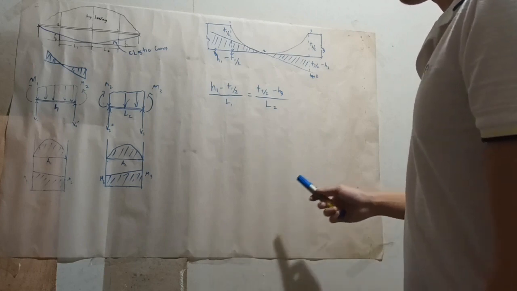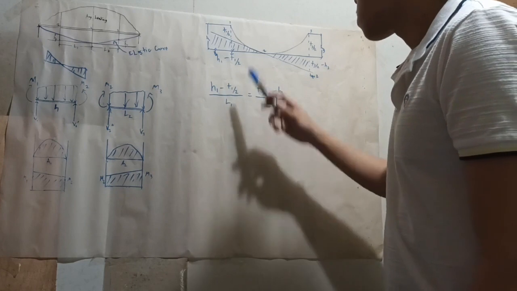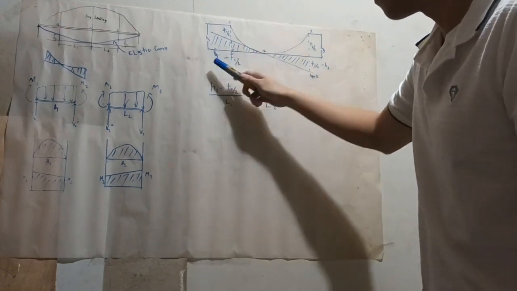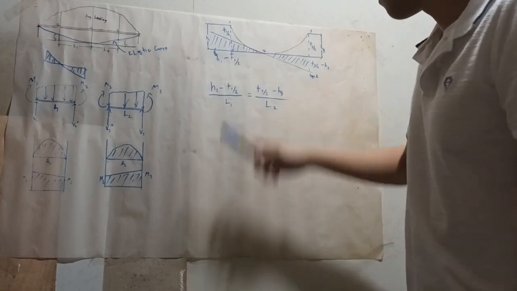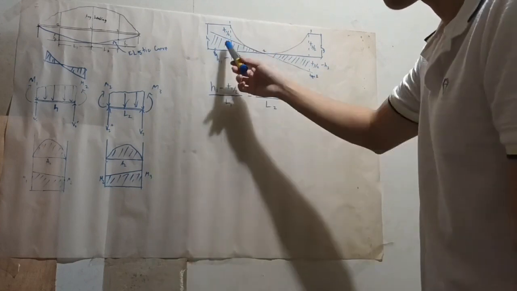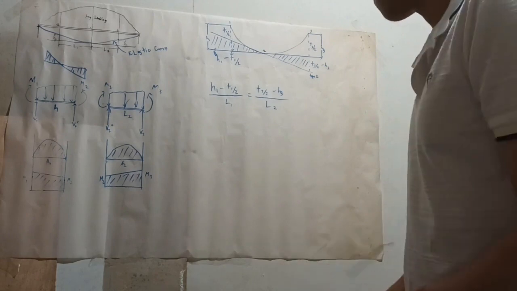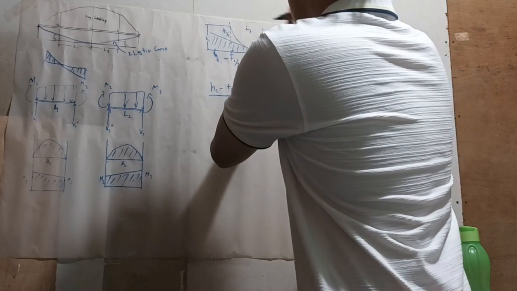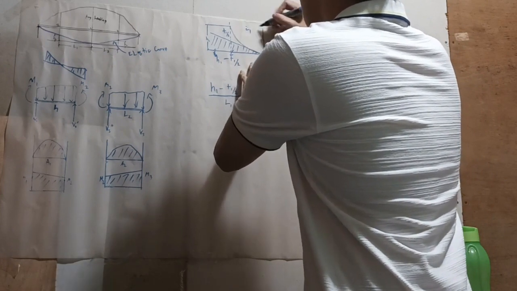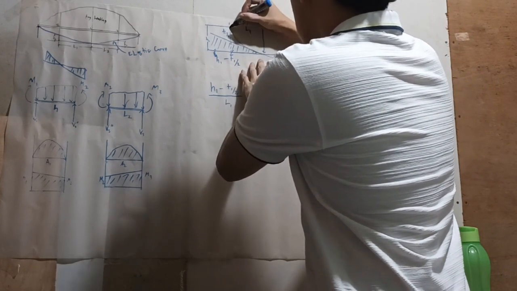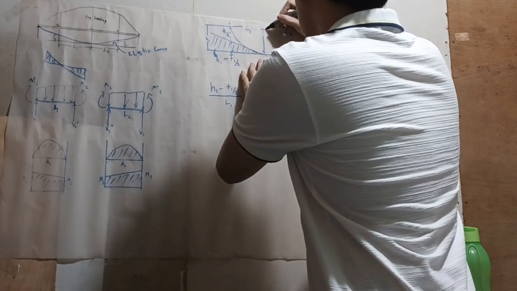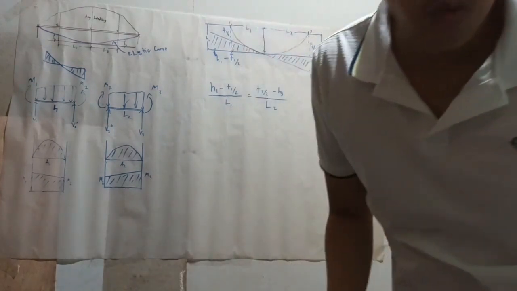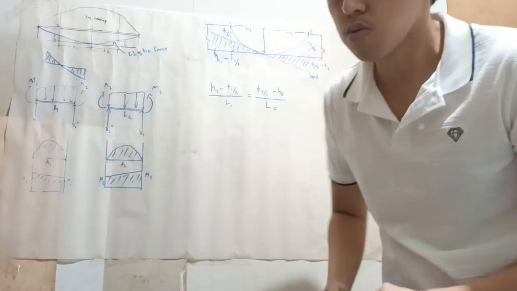In order to have a ratio and proportion, we get the similar triangles. We also have length L1 from point 1 to point 2 and L2 from point 2 to point 3.